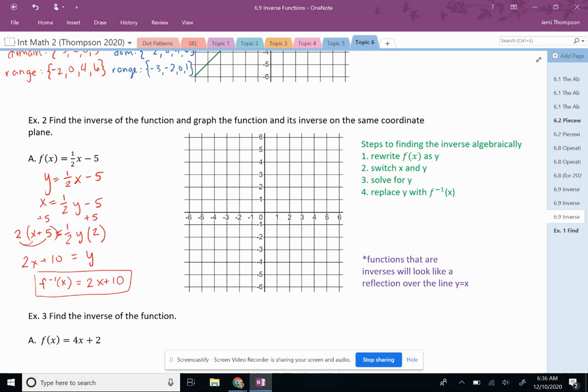The other part is to graph the function and its inverse. I'm just going to rewrite this in another color to kind of use a key for my graph.